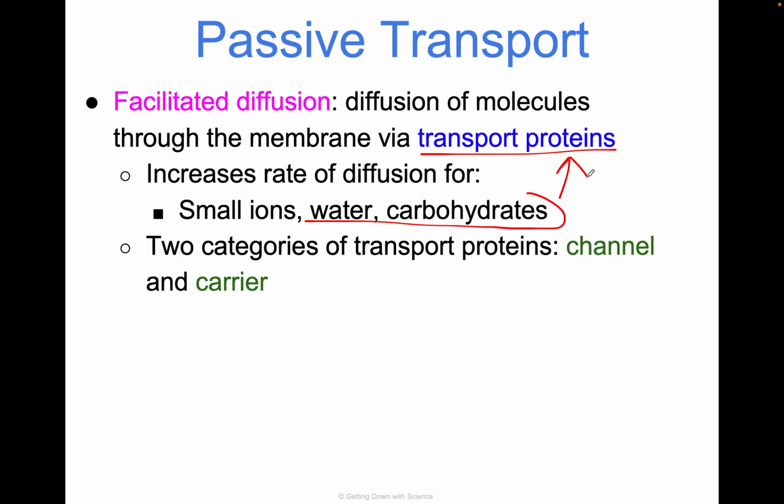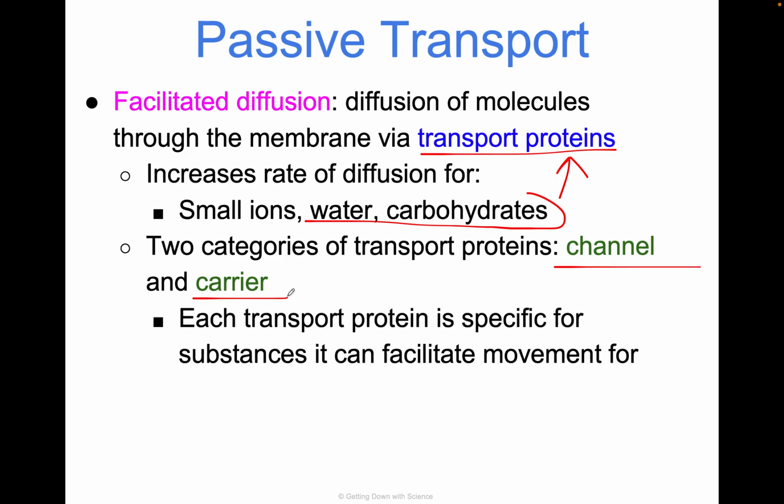Like we can always climb through the window, but I think a door is easier. Two categories of this are channel proteins and carrier proteins. Each transport protein is specific for substances it can facilitate movement for. So it's like a door that's shaped just for you. No one else can get through it. It is specific for that substance.